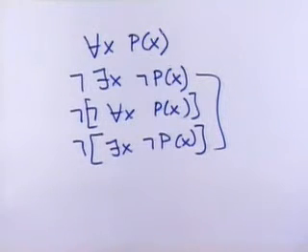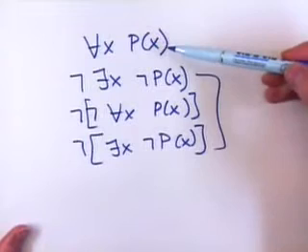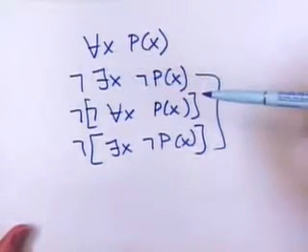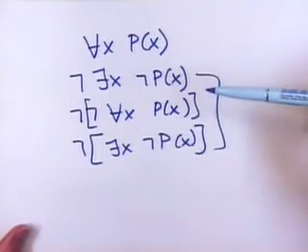Okay, so for alls and there exists are kind of like ands and ors, right? I would think of a for all as p of 0 is true, and p of 1 is true, and p of 2 is true, and p of 3 is true, and so on and so forth. And there exists is kind of like an or. Either p of 0 is true, or p of 1 is true, or p of 2, or p of 3.